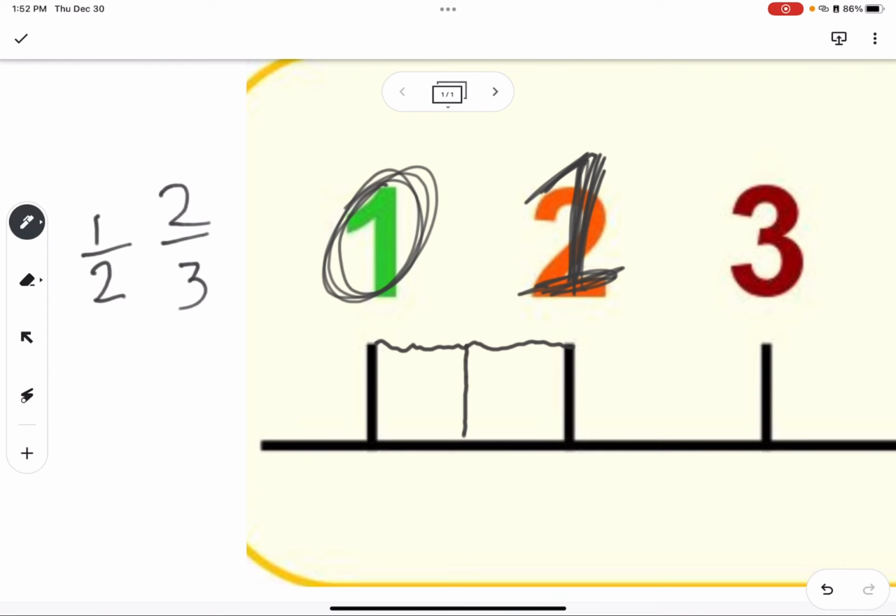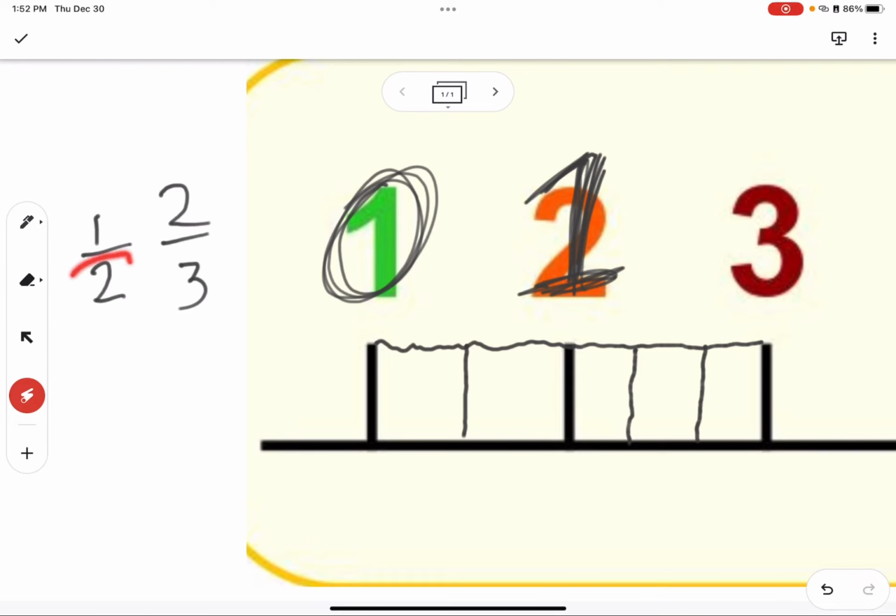Hopefully you're looking at the 3, because I'm going to divide it into 3. So I'm going to try to aim it. It's probably about here and here. So there, I've now cut this whole into 3 equal parts, okay?